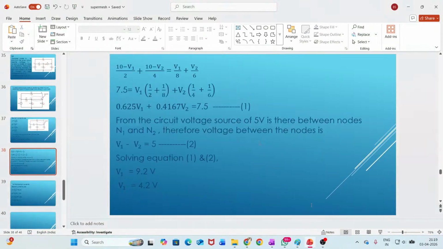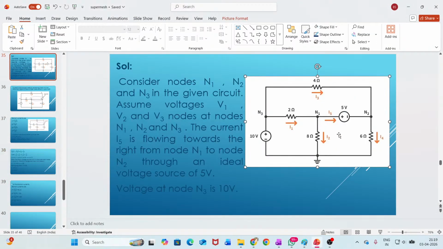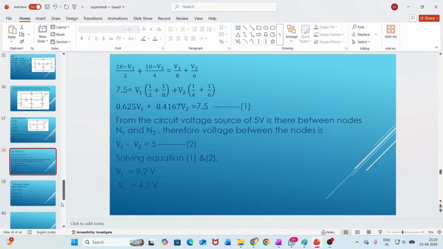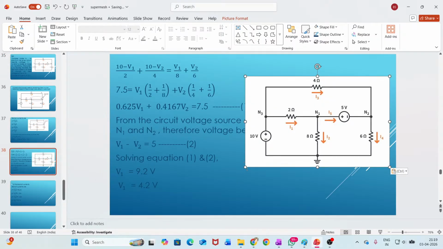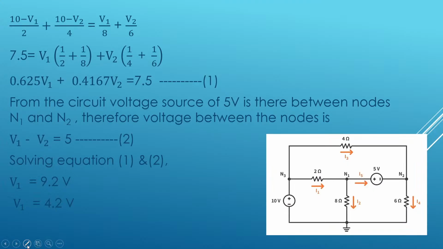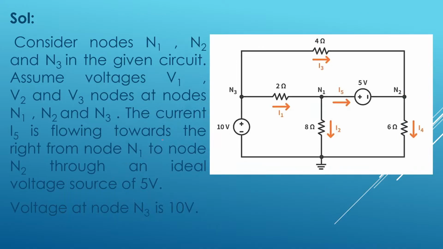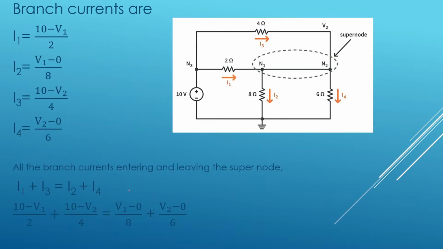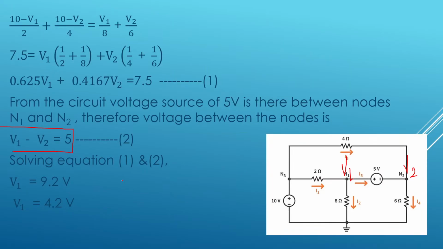Similarly, if you go back to the circuit before short circuiting, this was V1 and this is V2, and this is I5.